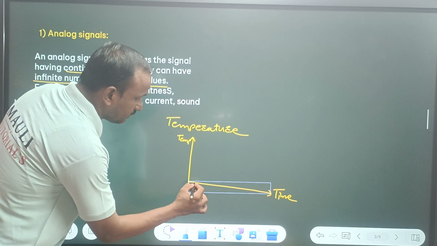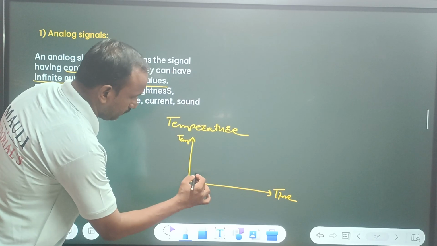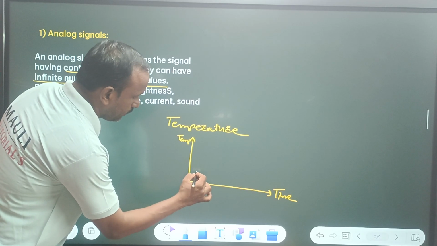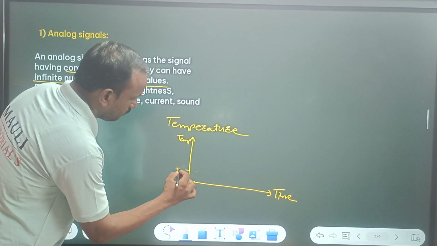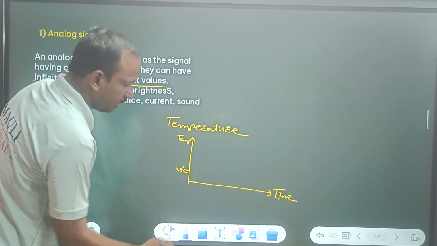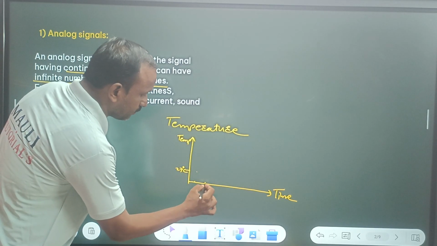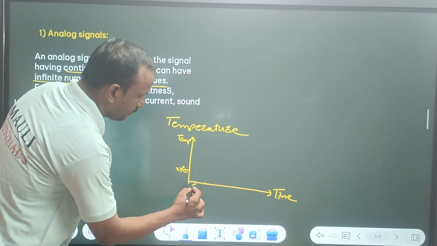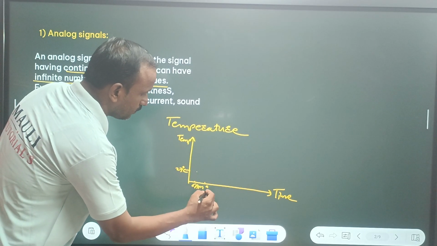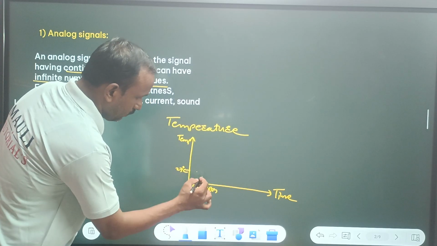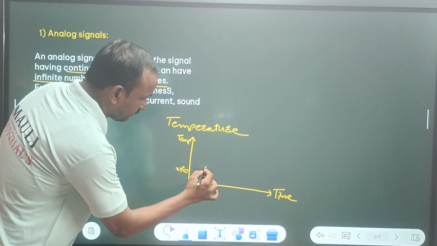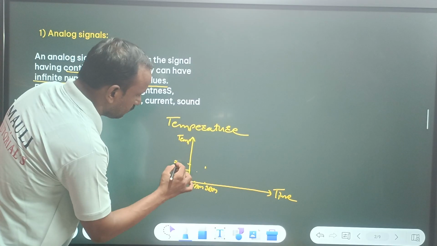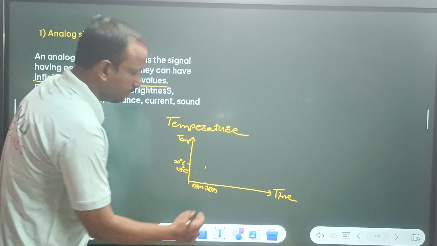Suppose at 6 am the value of temperature is 27 degrees centigrade. At 9 am the value of temperature rises and it becomes 30 degrees centigrade.